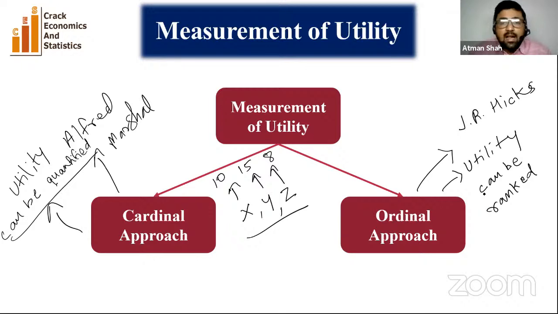But according to the ordinal approach, consumer can give ranks. For example, consumer can give first rank to commodity Y, second rank to commodity X, and third rank to commodity Z. But consumer cannot calculate the exact utility that he or she derives from a particular commodity.